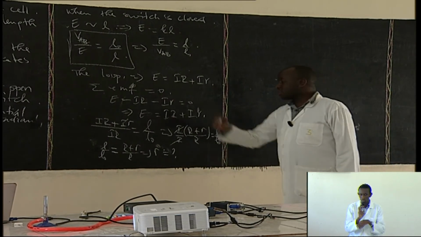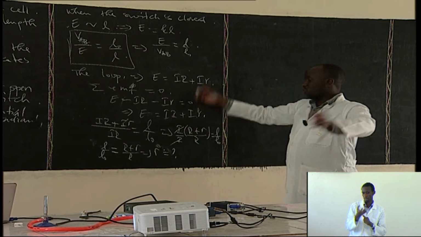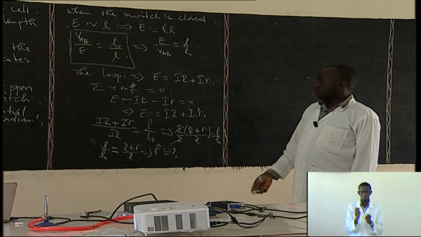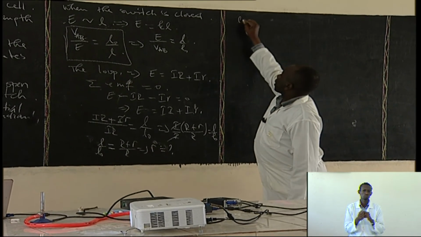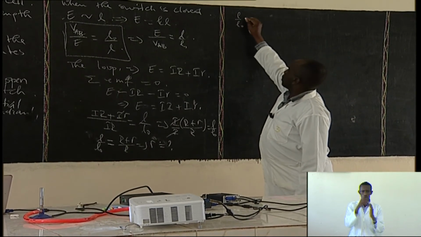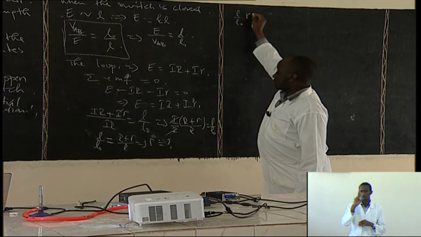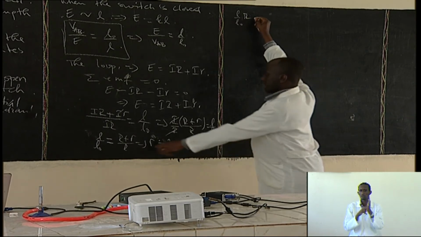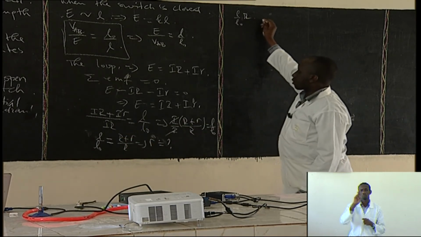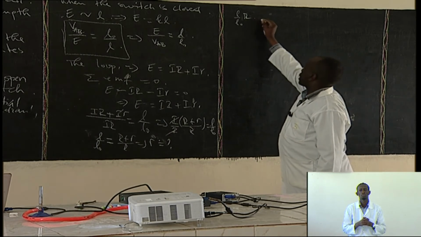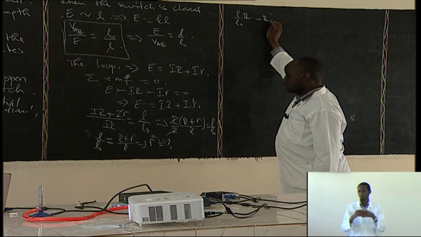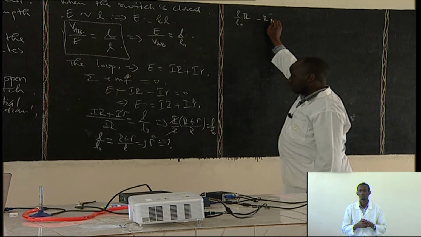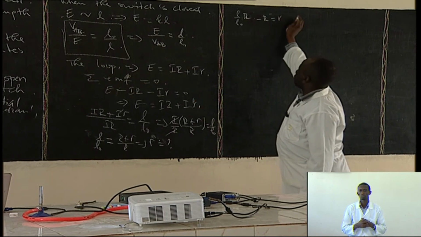When we do it in detail, it is going to be L over L0 times R, then minus R, and then here it is going to remain only R.